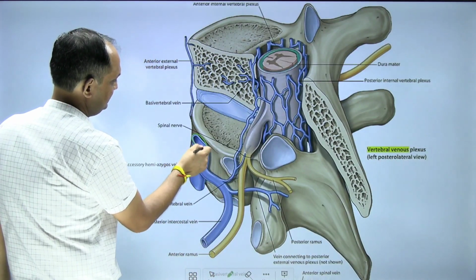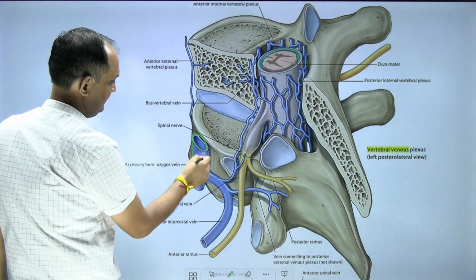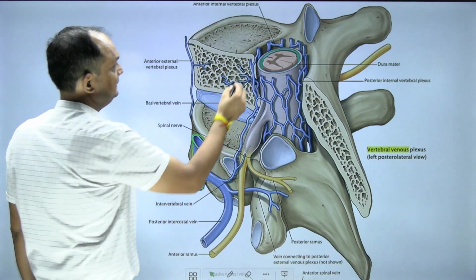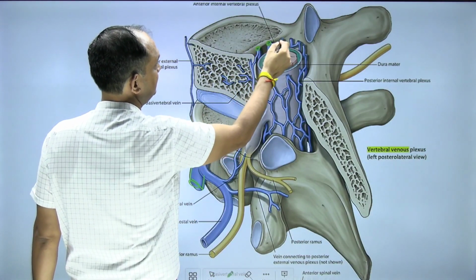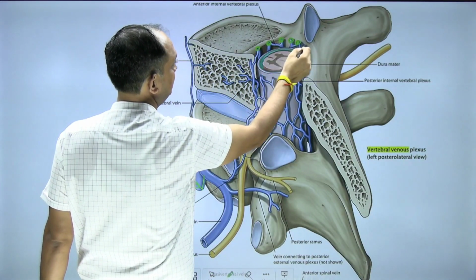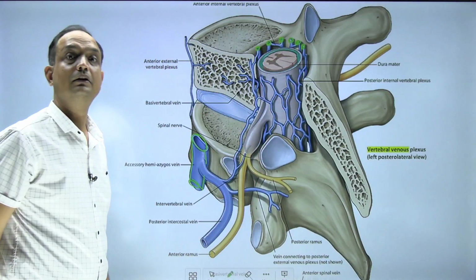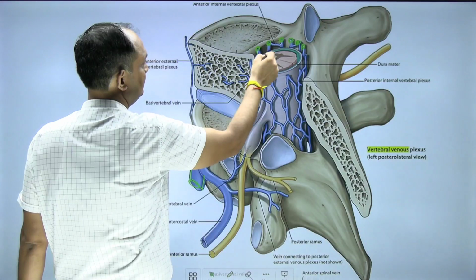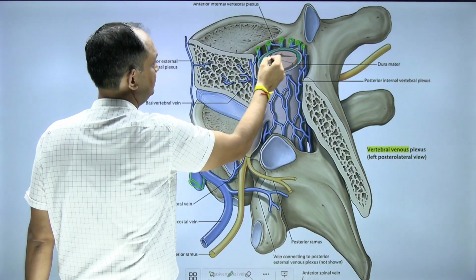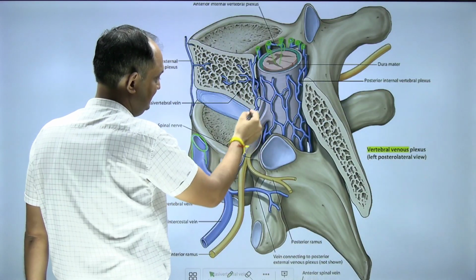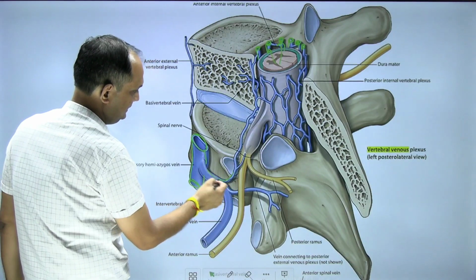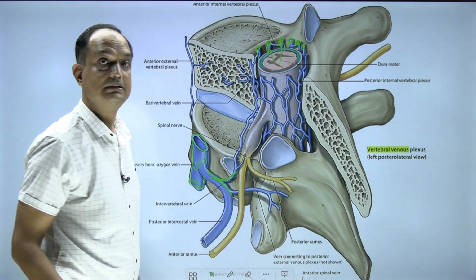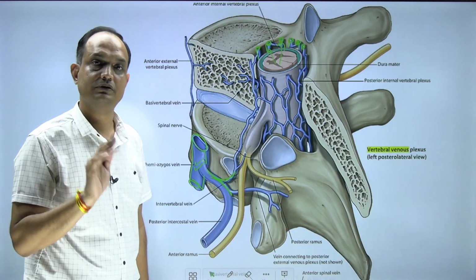These are the external veins, because they are present outside the vertebral column. These are the veins present in the extradural or epidural space, so these are the internal vertebral venous veins. These internal vertebral venous veins receive the blood of the spinal cord, and they are connected by these channels, and you can see that the azygos vein is receiving the posterior intercostal vein.